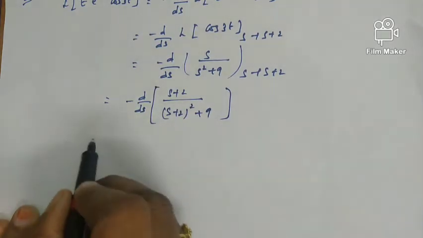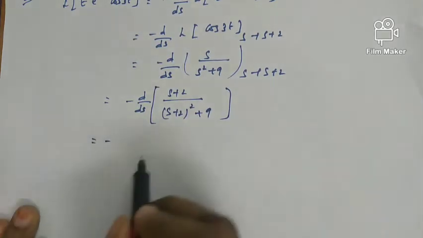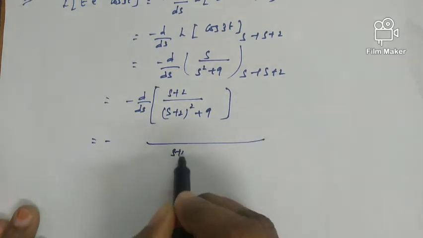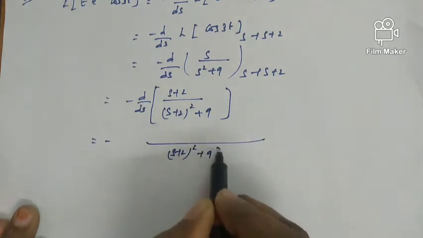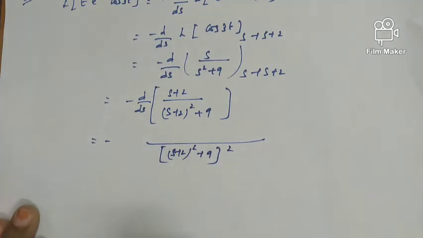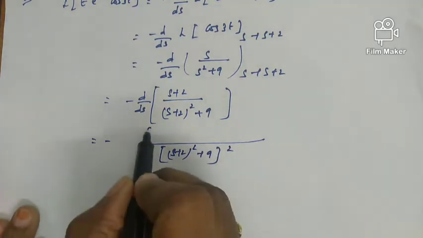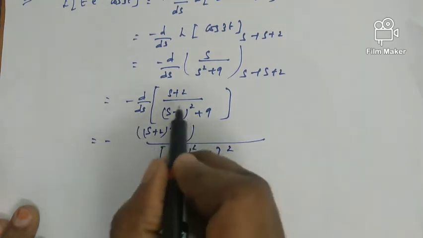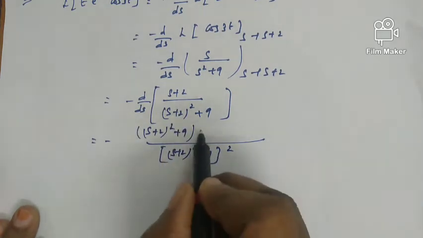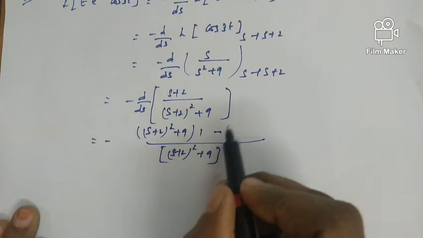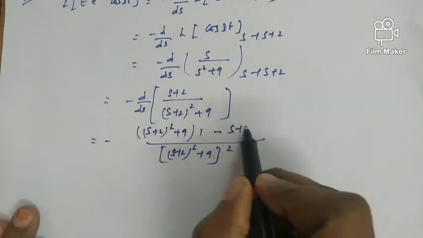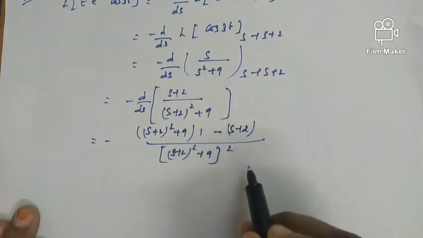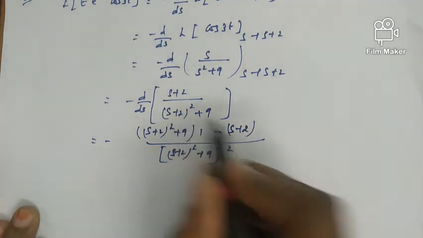So the denominator square, you can keep the minus outside. So s plus 2 the whole square plus 9 whole square in the denominator, then s plus 2 the whole square plus 9 into differentiation of s plus 2, that is 1, minus numerator s plus 2 into differentiation of the denominator s plus 2 the whole square.